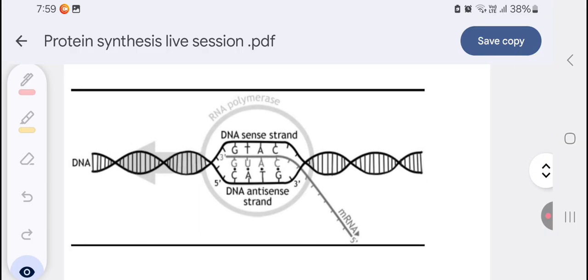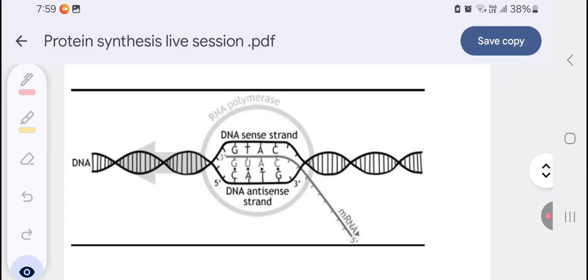This picture, we saw here that a certain part of the DNA double-stranded helix is unwound, is opened. Why? Because a certain gene we needed to be encoded into a certain protein.